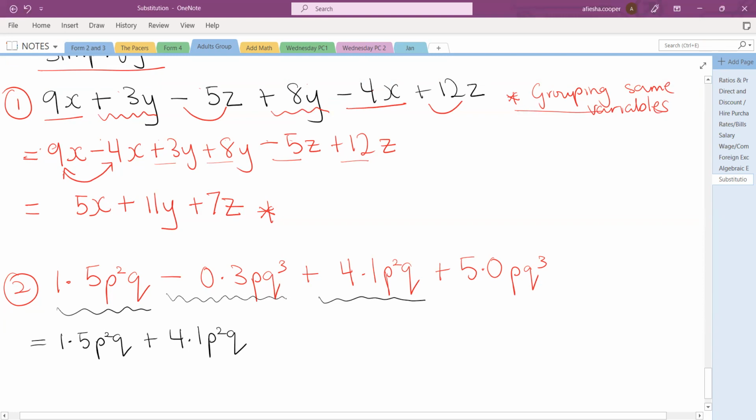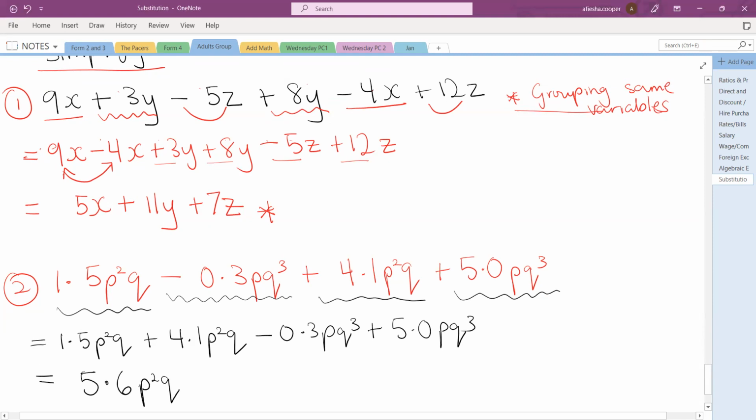Negative 0.3 pq cubed, and our last term is pq cubed as well. So we remember the negative is associated with the 0.3. So negative 0.3 pq cubed, add 5.0 pq cubed, and we work it out. 1.5 add 4.1 will just be 5.6. Put back the same variable, p squared q, and then we have negative, don't forget it's a negative, so we put this in our calculator.